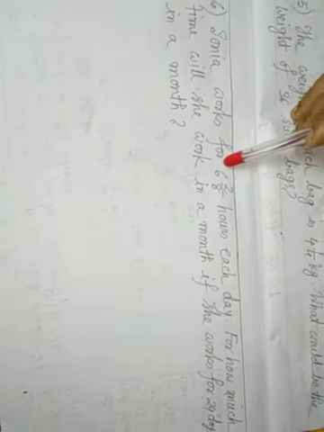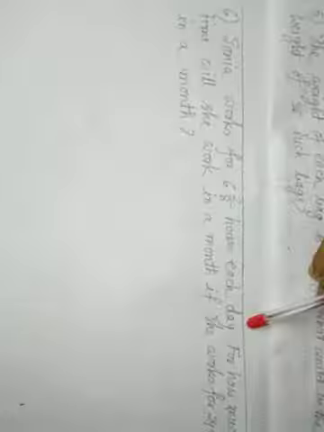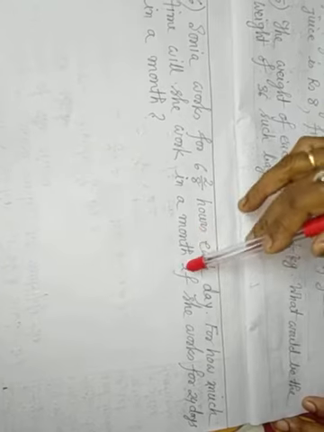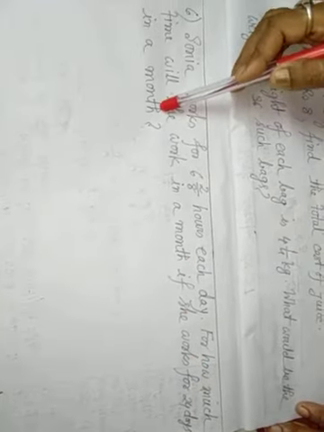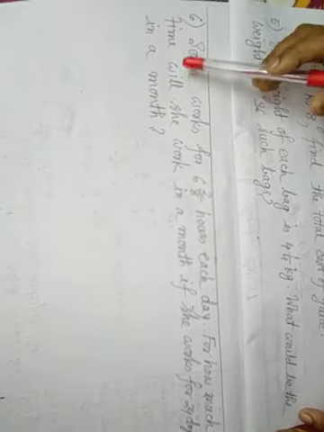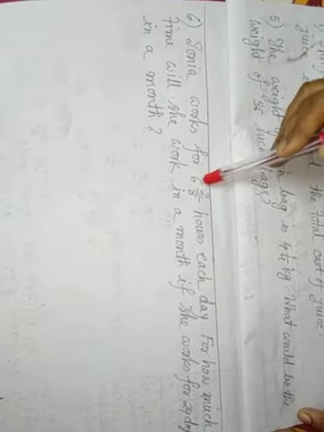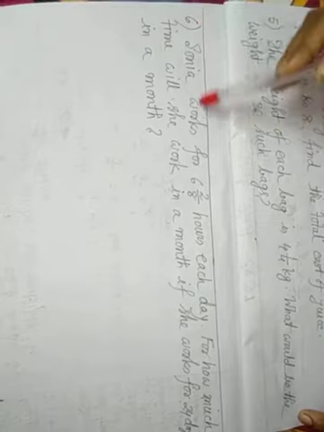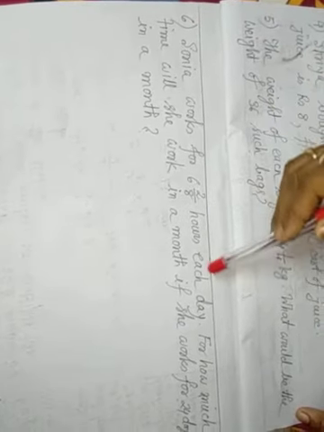Okay. 6. Sonia works for 6 2 by 8 hours each day. For how much time will she work in a month if she works for 24 days in a month? A month has 30 days, but Sonia works 24 days.